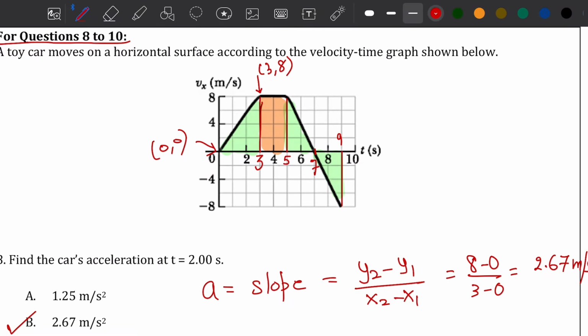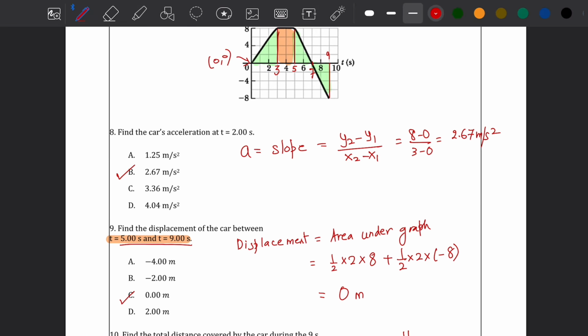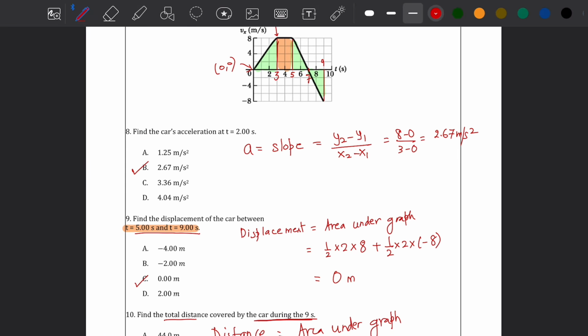So half times 3 times 8. 3 is the base, 8 is the height, plus then this is a rectangle. For a rectangle, the formula is length times width. So we can see that one of the sides is 5 minus 3 is 2 and the other side is 8. So we will write it as 2 multiplied by 8.